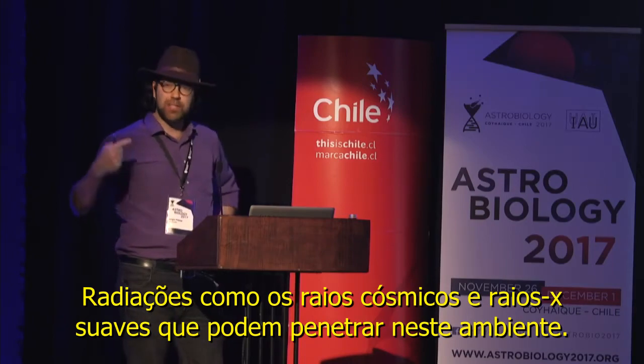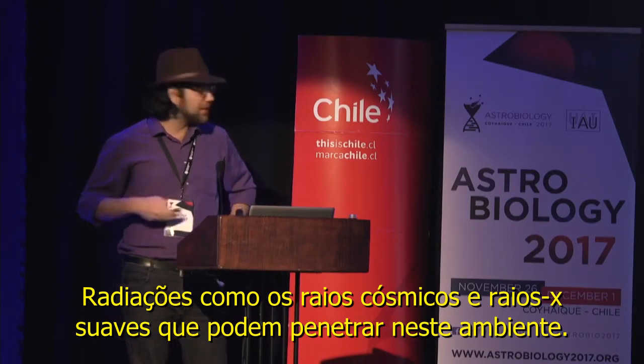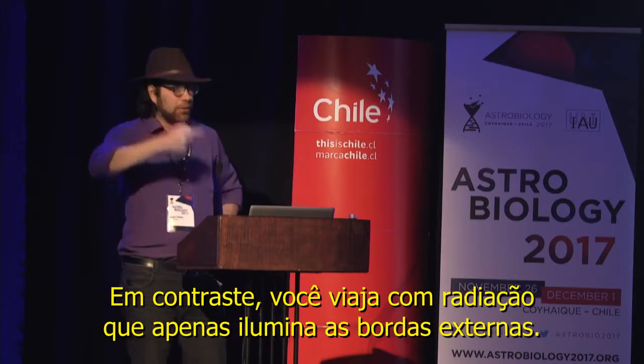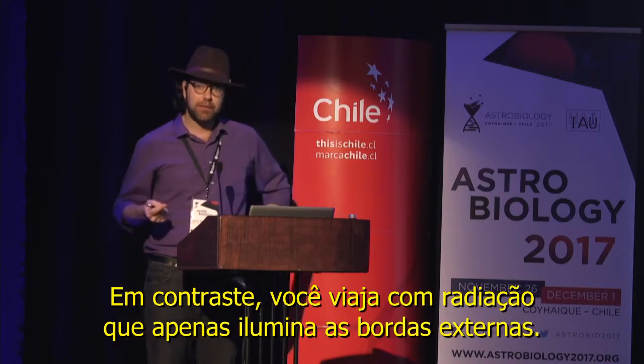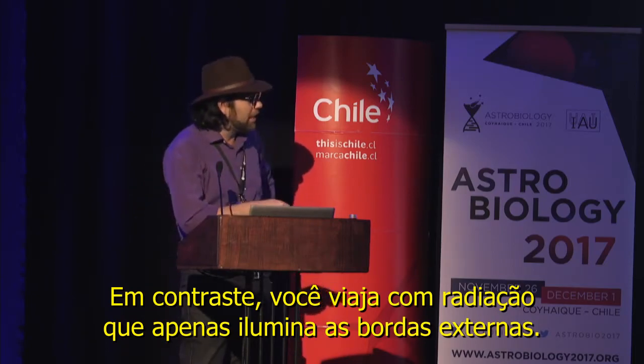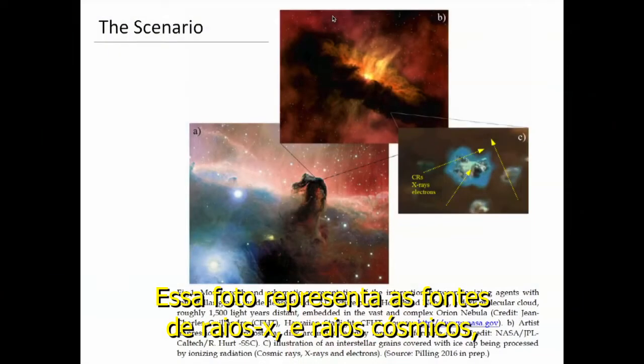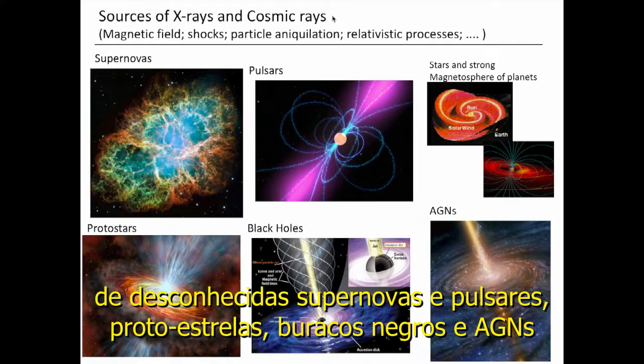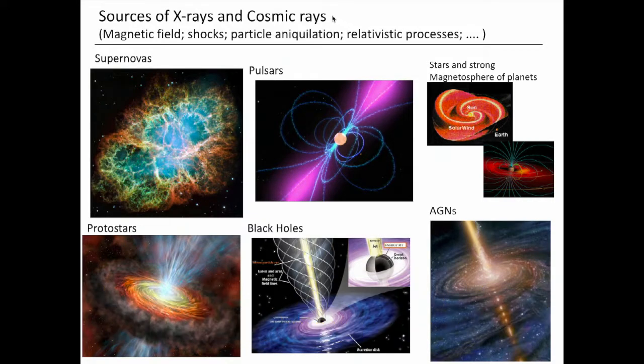Radiation such as cosmic rays and soft X-rays can penetrate inside this environment, in contrast with ultraviolet radiation that only illuminates the outer borders. These pictures represent the known sources of X-rays and cosmic rays: supernovae, pulsars, protostars, black holes, and AGNs. All of these.